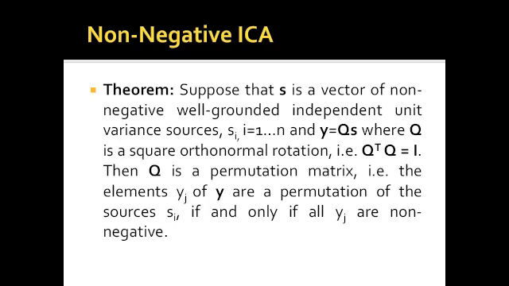And here is the life-saving theorem: if the vector S is non-negative and well-grounded, with independent unit variance sources, and Y is just a rotation of these independent sources, then the S_i's are independent if and only if Y is non-negative.